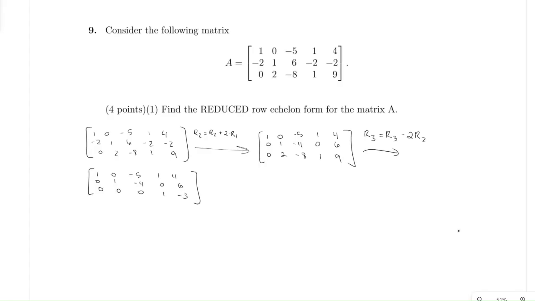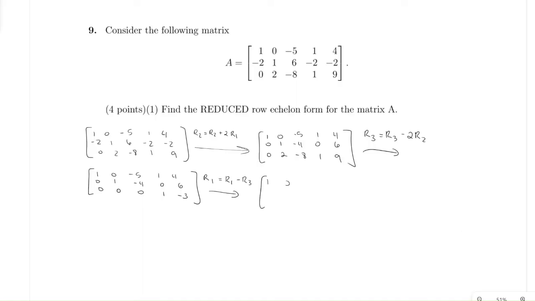Be careful, because we're not actually in row reduced echelon form yet. Even though the pivot entries are to the right of one another as you go down the rows, the column that each pivot entry is in must have all 0 terms except for the pivot entry. That's not the case in this column. So we need to go one step further, subtracting row 3 from row 1.